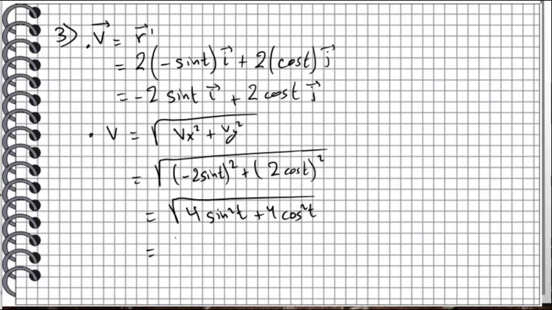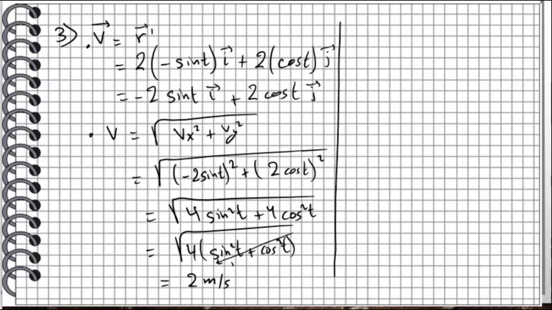Take 4 as a common factor. Sine square of t plus cosine square of t totally equals 1. So it's radical 4, so it's 2 meter per second. This motion, by the way, since the speed is constant, will be a uniform circular motion.